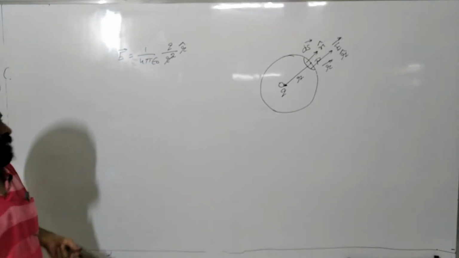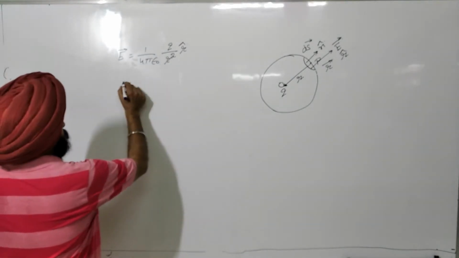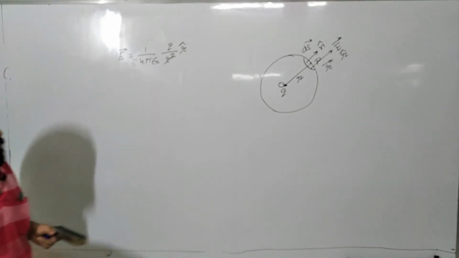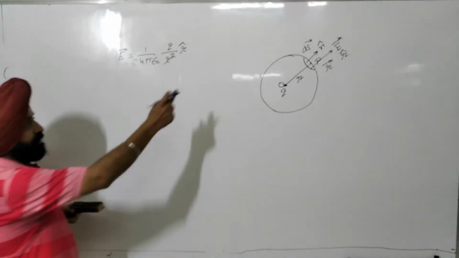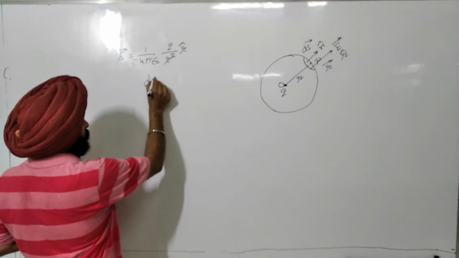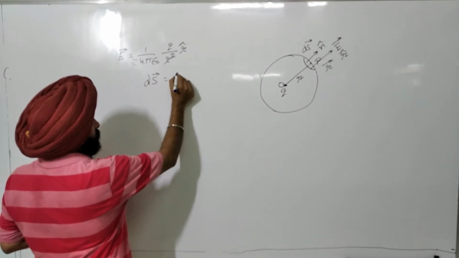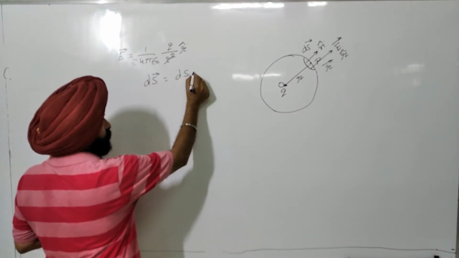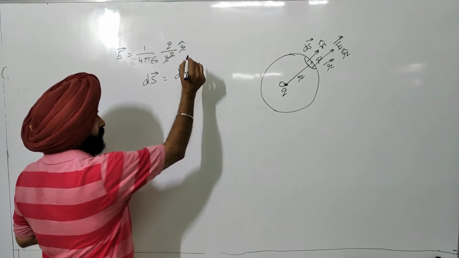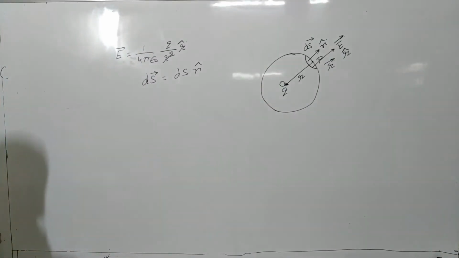The area vector dS is equal to dS, the magnitude of the area element, into n cap.